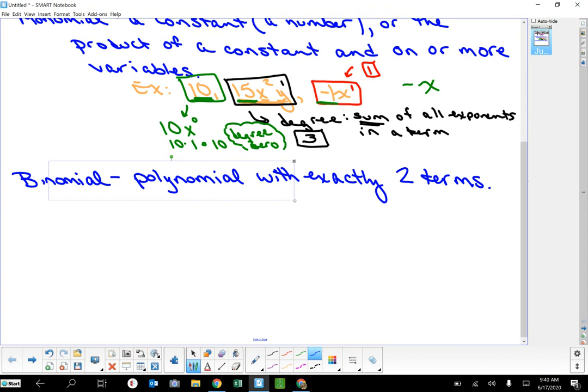As we move forward, you're going to see things with a lot of binomials and trinomials, and it's very handy if you can reference those using mathematical language. A trinomial is a polynomial with three terms.